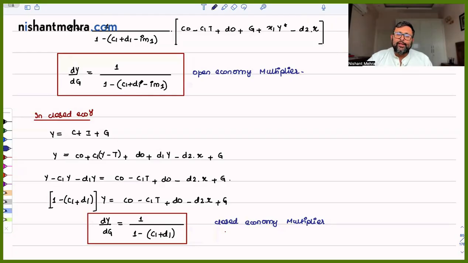So I think we can safely assume that people are going to spend more on goods produced in my economy as compared to what they spend on imports, right? In general, not always true. There can be exceptions, but in general, we can assume that C1 plus D1 is greater than IM1.